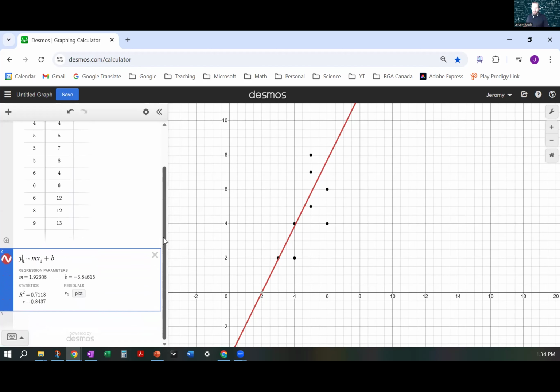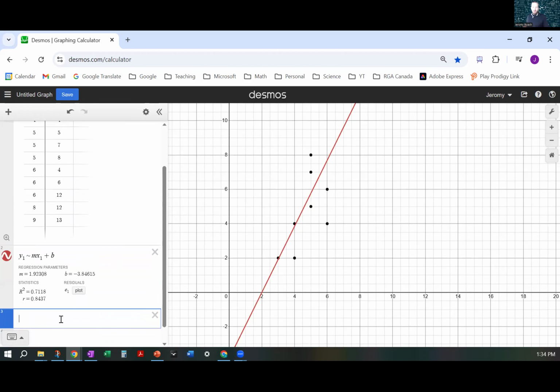And now we can go down and look at what this equation actually is. All of our equations are in the form y equals mx plus b. All of our slope-intercept form equations are. And it tells us what m is. It says it's 1.92308. I'm just going to estimate and write a number very close to it: 1.923.